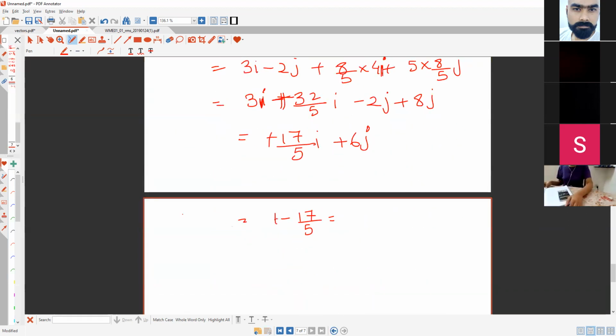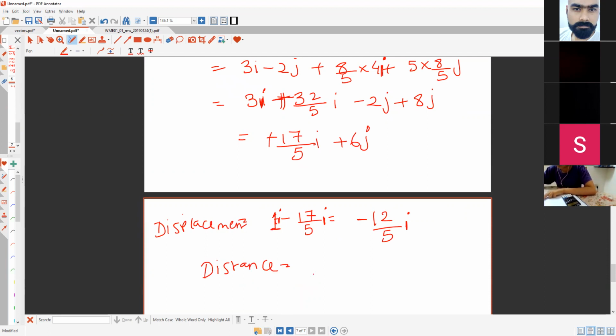So how much is it? 1 minus 17 by 5, minus 12 by 5i. Remember, this is your displacement. We need to find the distance, na?